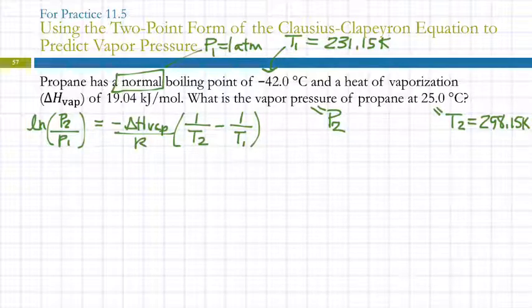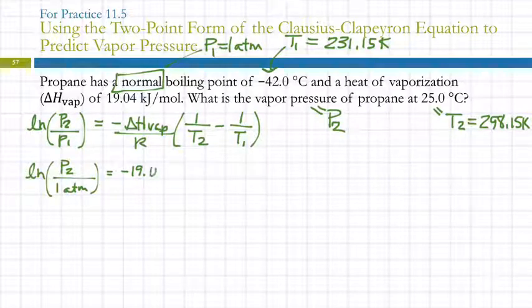Okay, so normally I recommend that you rearrange an equation first and then put the numbers in. When you've got logarithms and compound fractions and things, it gets kind of messy. So we're just going to put the numbers in first and see what happens. So natural log, we're looking for P2, so that stays a variable. P1 is 1 atmosphere. That's going to equal, you've got heat of vaporization, and we need a minus in front of that, 19.04 kilojoules per mole.